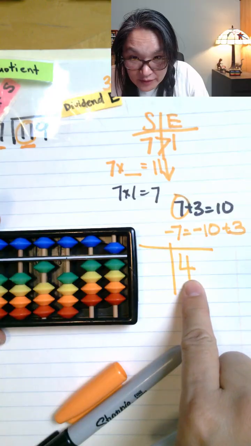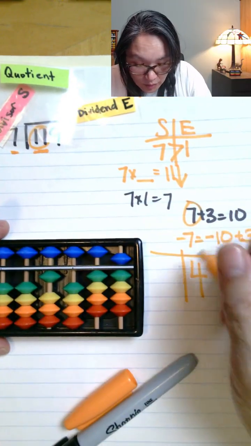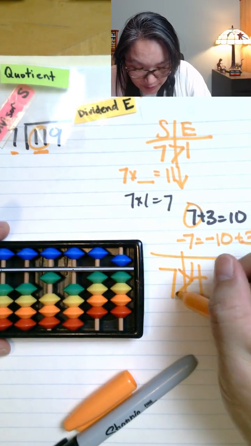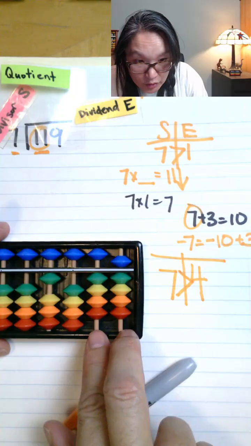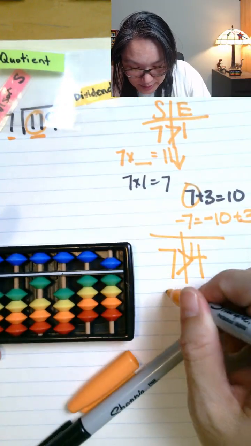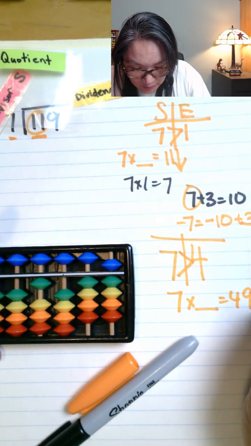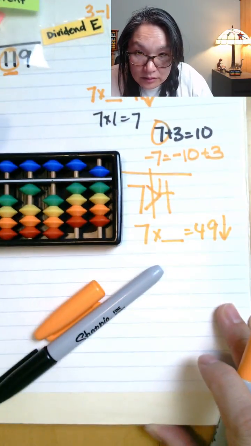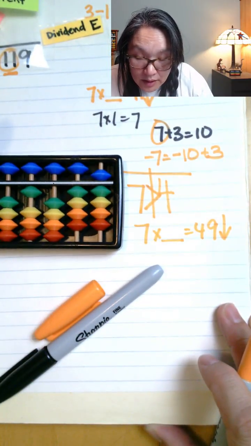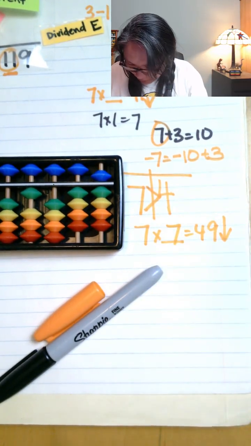My dividend is 4. My divisor is still 7. So my divisor is still bigger. I need to use 2 digits. So the question is, 7 times what is equal to 49 or less? 7 times 7 is 49.